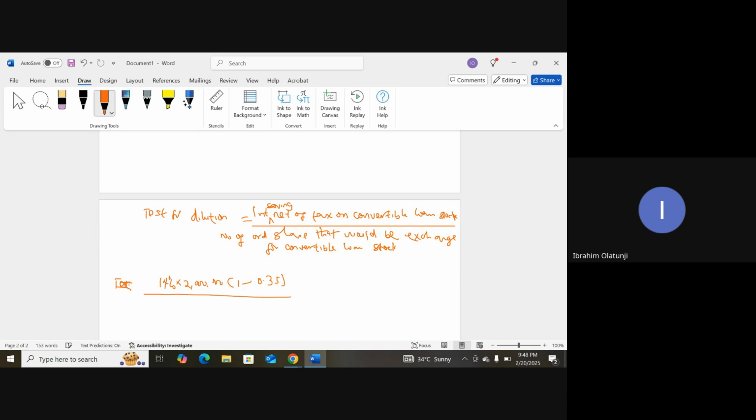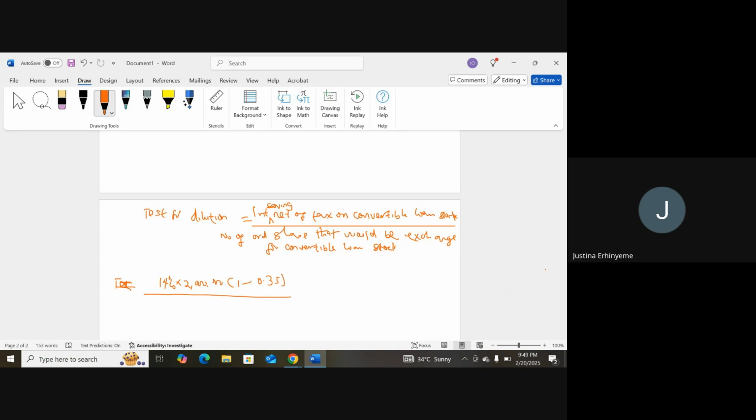Just calculate it. 14% of 2 million, then multiply by 65%, because after you remove 1 minus 0.35, it will remain 0.65, which is 65%. Is it clear? Shall I continue?